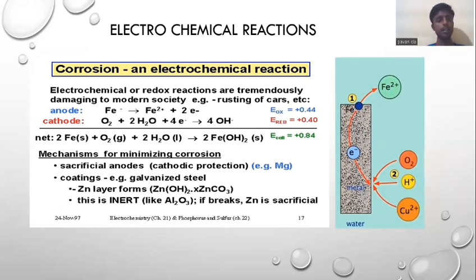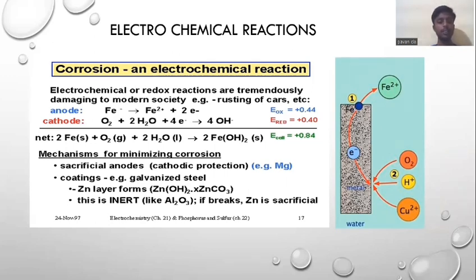At the anode, Fe goes to Fe2+ plus 2 electrons, and at the cathode, O2 plus 2 water molecules plus 4 electrons gives 4 hydroxide ions. In the net reaction, 2 Fe solid plus oxygen gas plus 2 molecules of water gives 2 Fe(OH)2, which is solid.